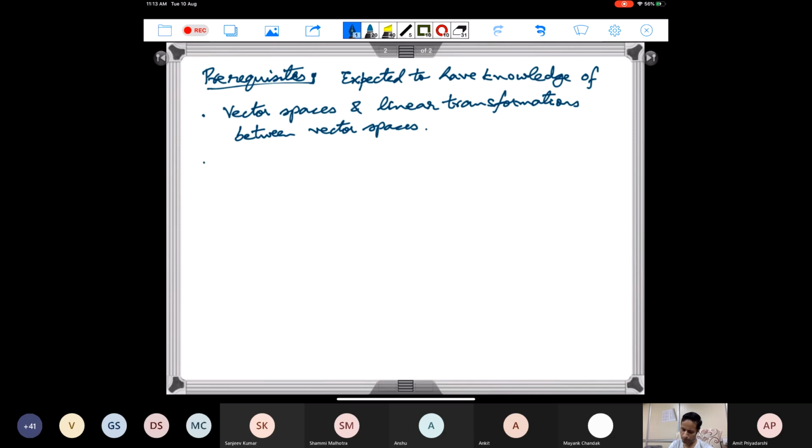Then you should be familiar with the theory of metric spaces.